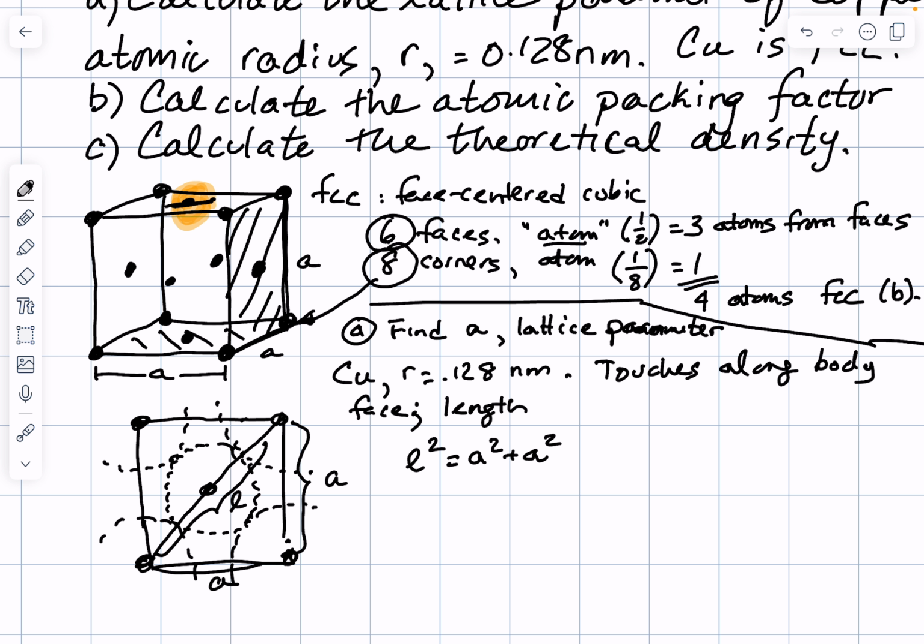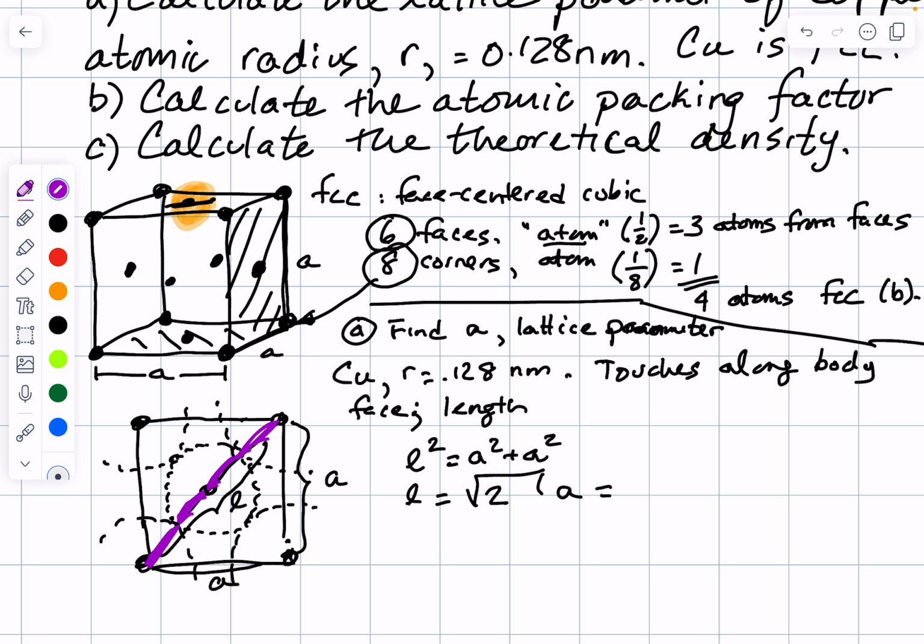And so L equals the square root of 2 times A. And L, by inspection, is going to equal a sum of these radii of copper: that's one radius, this is 2 radii, this one is 3 radii, and then that one.